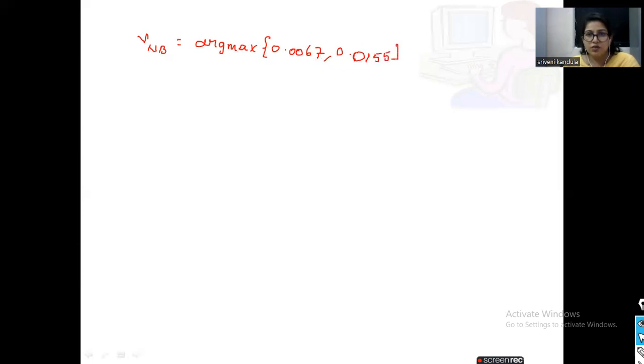Now out of these two, which is maximum? I got a maximum value for no. So from here I can classify that the new instance we have taken can be labeled with target value no.